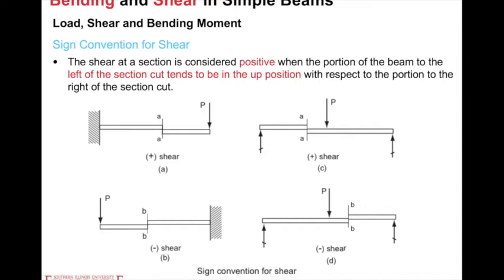If it's a cantilever beam with the left side fixed and a concentrated load P at the right end, then based on our intuition, with an imaginary cut in between, in this exaggerated drawing, you can find that if we apply P downwards on the right end, the left side of the section cut should be a little upper, and the right portion a little lower.